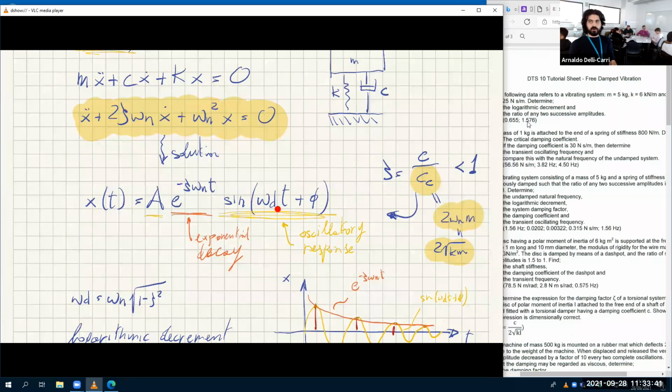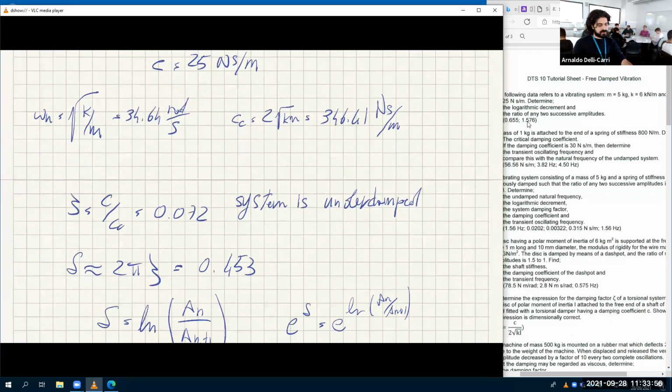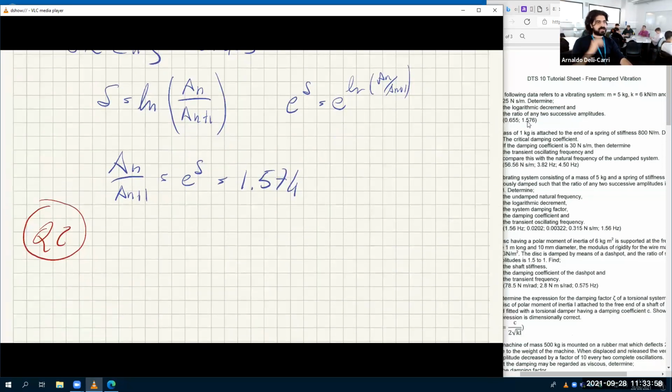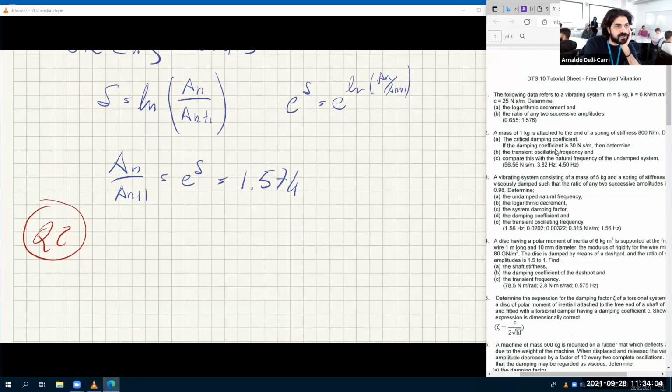If zeta is equal or greater than 1, you have two more expressions. That's why zeta is very important. You calculate zeta first to understand what's going on, and then you use the correct solution. Now, I believe we don't use critically damped nor over damped solutions anywhere in this tutorial, so there is no reason to write all the possible solutions.